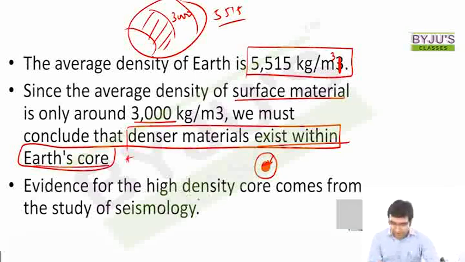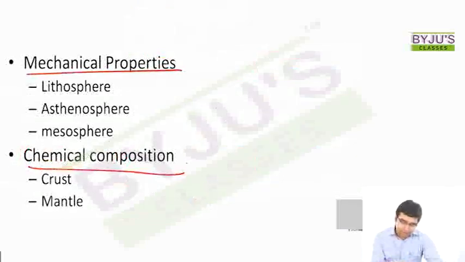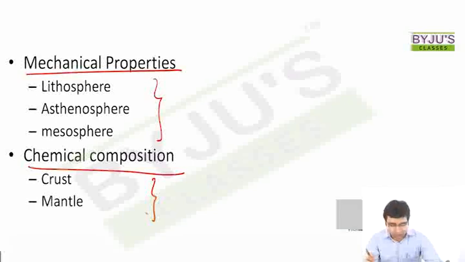Now evidence for high density core comes from the study of seismology, that is study of earthquakes and structure of Earth also. Now understand this part, that mechanical properties and chemical composition of the Earth can be provided by different layers of Earth. Mechanical properties mainly are adhered to lithosphere.